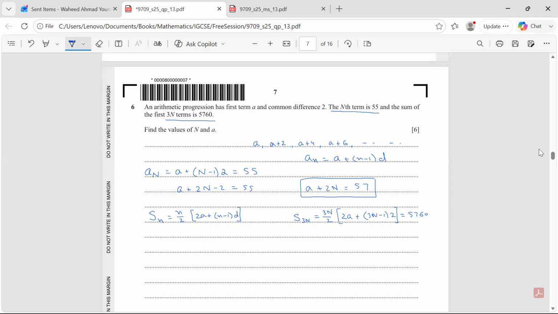Okay, so if I take this 2 to the other side, it is going to be 3N, and inside I have 2a plus 6N minus 2, equal to 2 times 5,760.